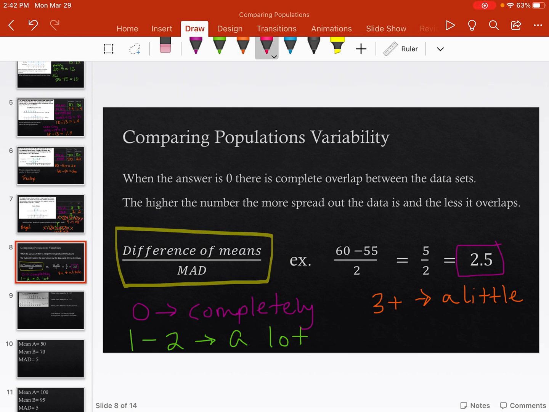The only way you can say that it overlaps not at all is if they give you the data and you can tell. So if you see the pictures and you can see they're not overlapping, or they gave you all the numbers and they don't overlap. Otherwise, you have to stick with a little because there could be that one outlier that does make it overlap just barely, and it's kind of throwing the whole thing off.